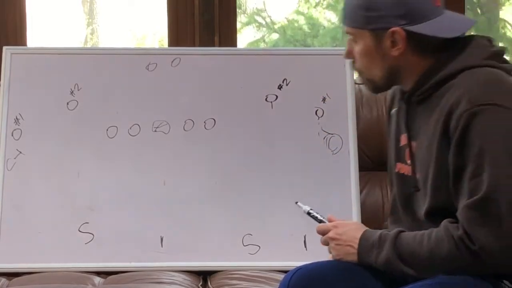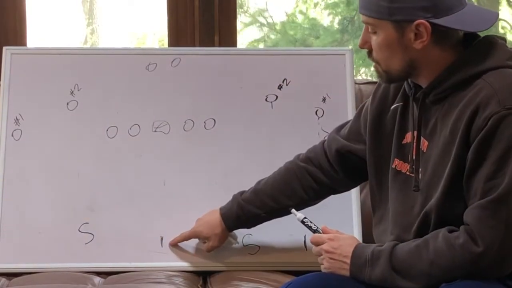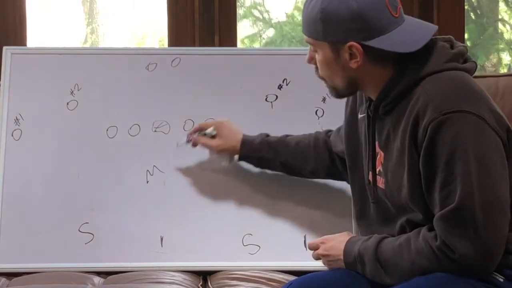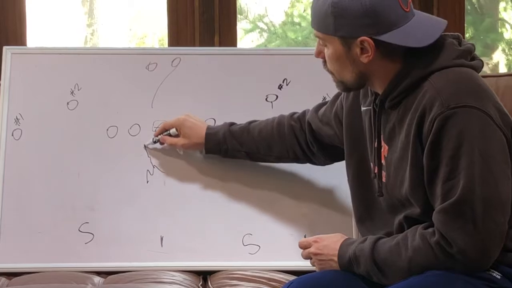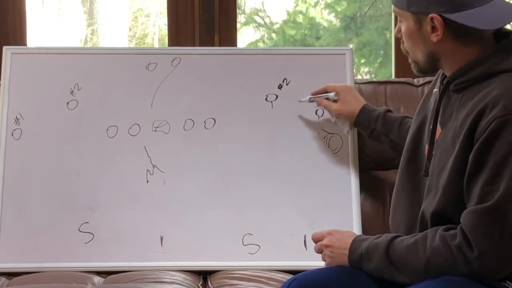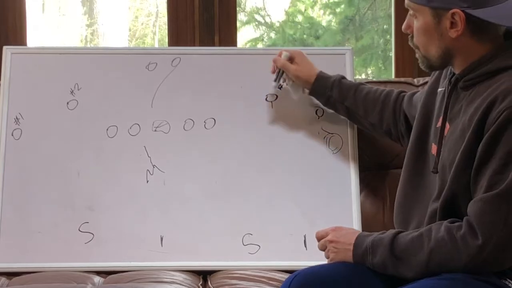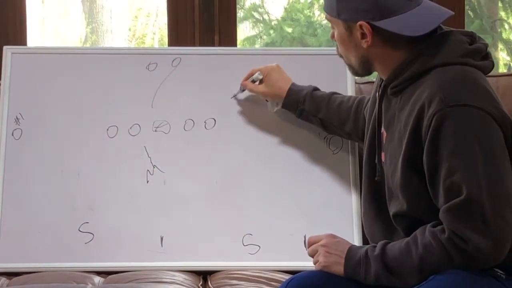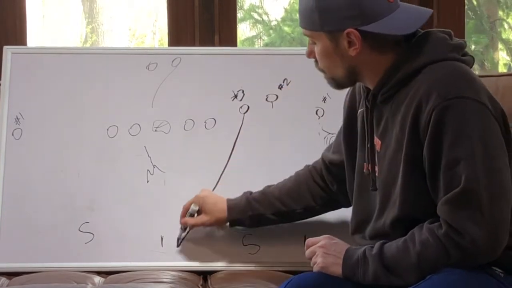Cover 3, real quick. Another area that people like to attack is obviously between the safeties, especially if you can hold this Mike backer here with some sort of run action. Get him to come here, and then release a number 3 receiver in something like a 3-by-1. Have a number 3 here, and release him between the safeties.